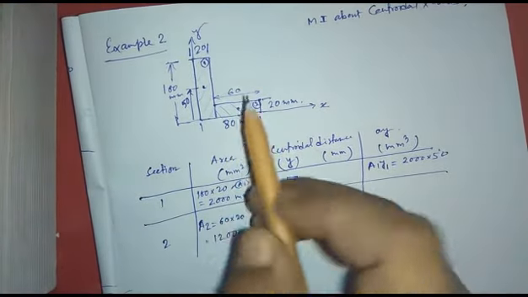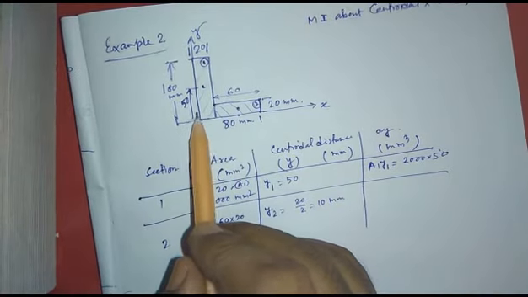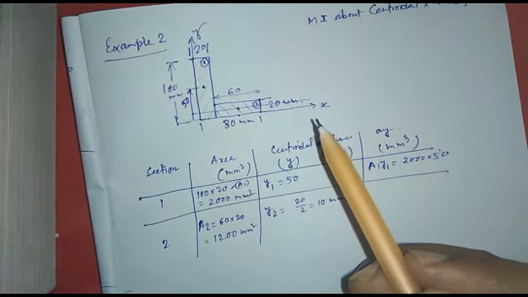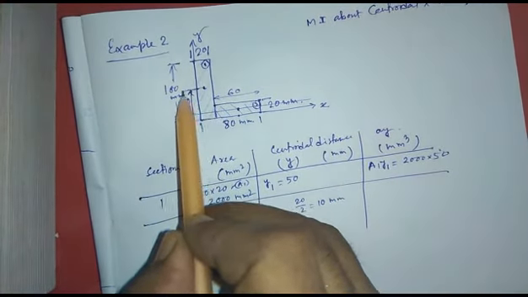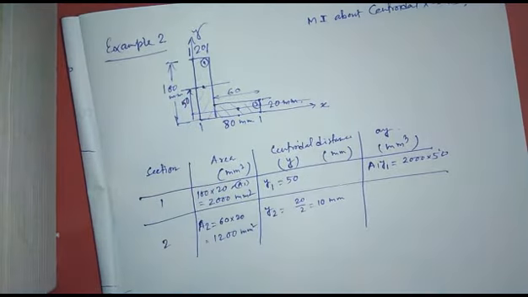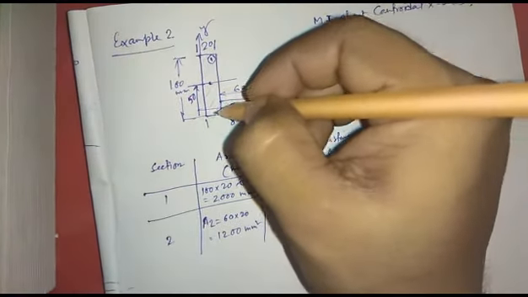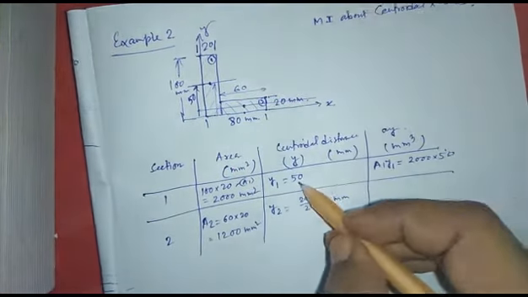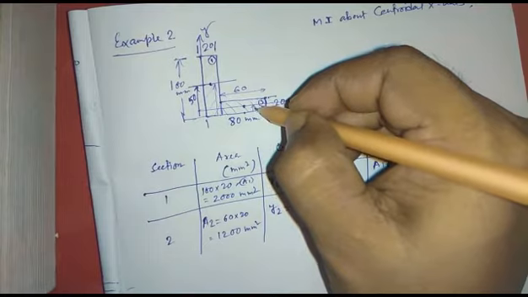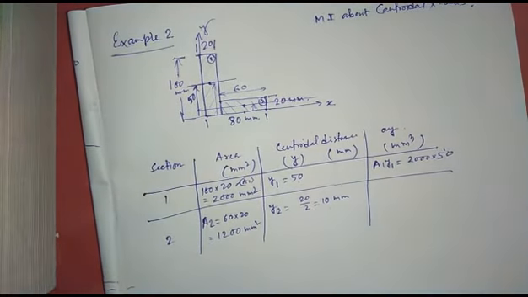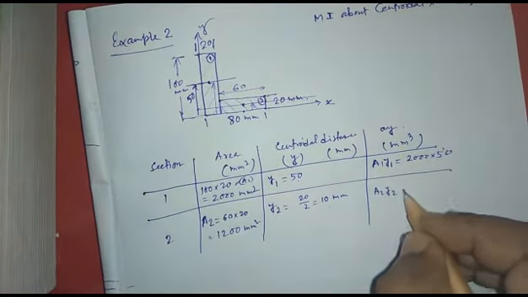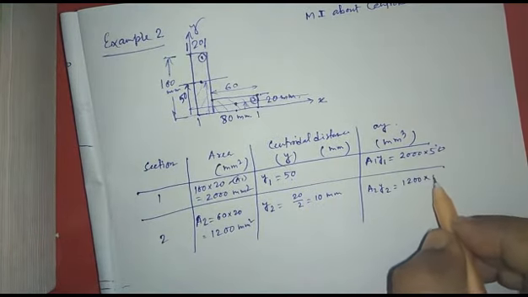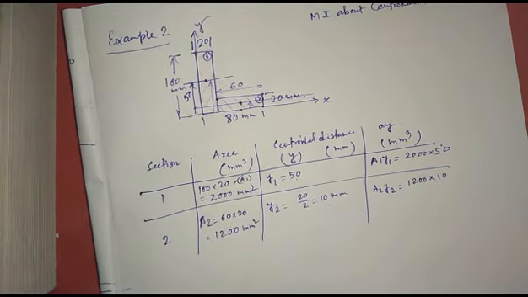This is the centroidal x-axis of section 2 and this is the centroidal x-axis of section 1. So you need to calculate this distance, that is 50, and this distance, that is 10. So A2Y2 is 1200 into 10. Clear?